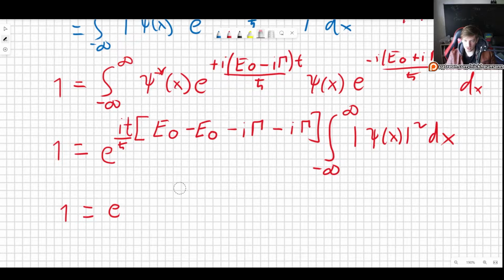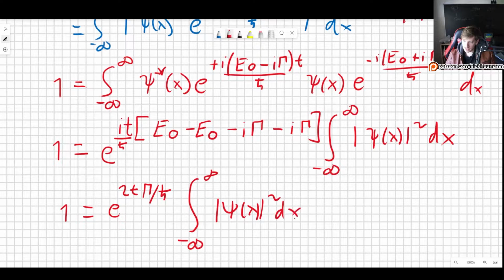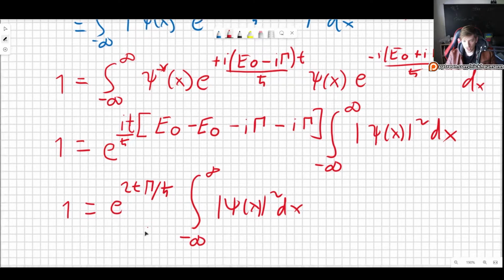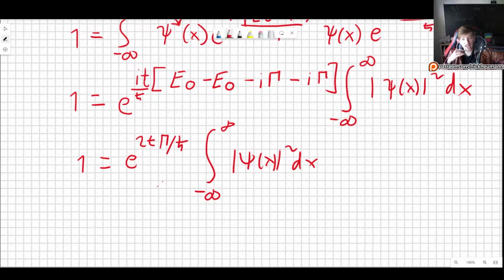So let me put it all together. It is e to the 2t gamma over h bar, and then we have the integral of the modulus of psi squared dx.